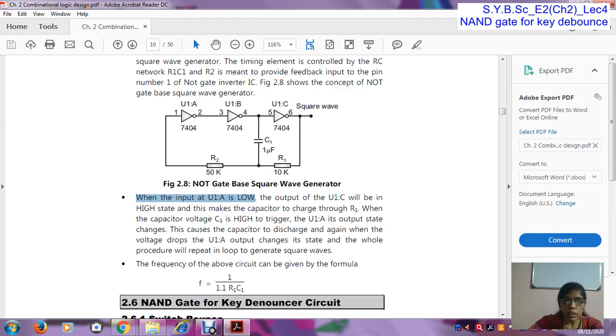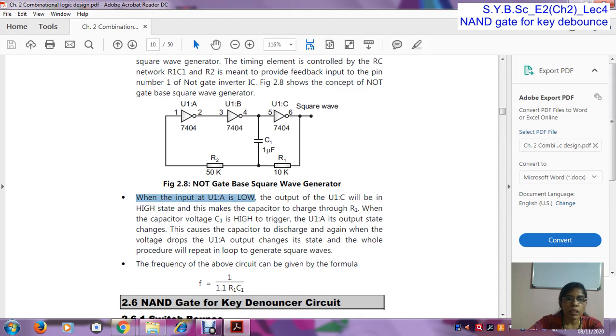When this output is high, this capacitor will charge through this resistor R1, and when the capacitor is charged, the input of the first NOT gate changes. So if first it is low, then when it changes, it becomes high. When this input is high, the output is low. When this output is low, the capacitor will discharge and it changes the state of the first NOT gate.